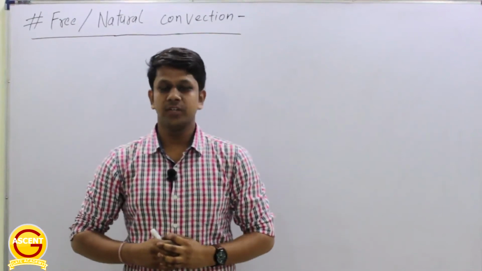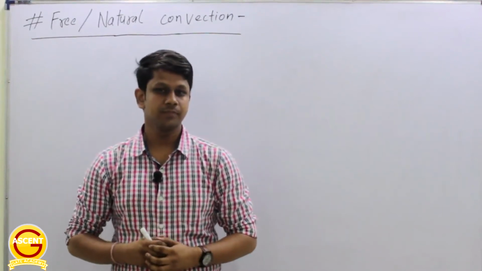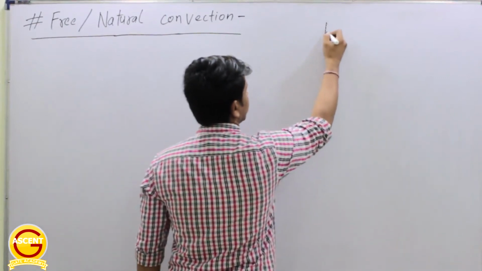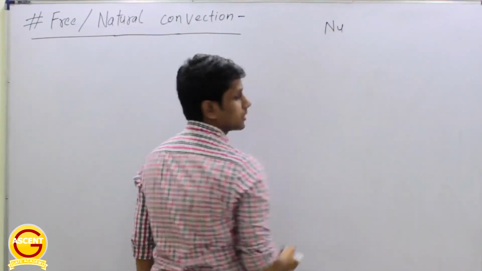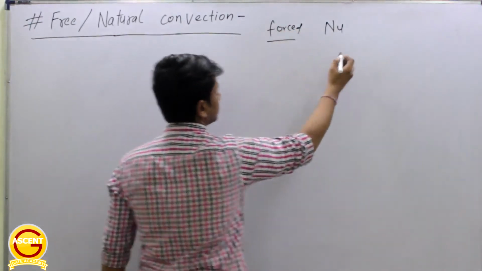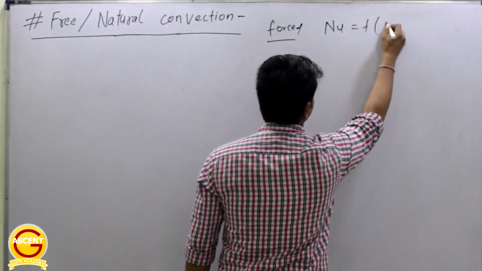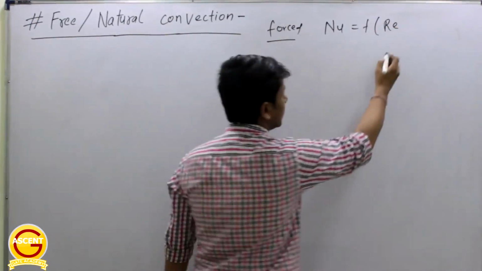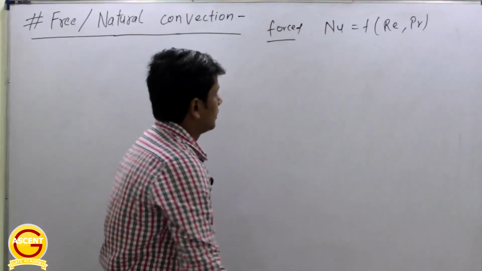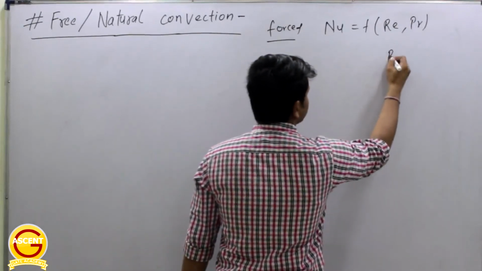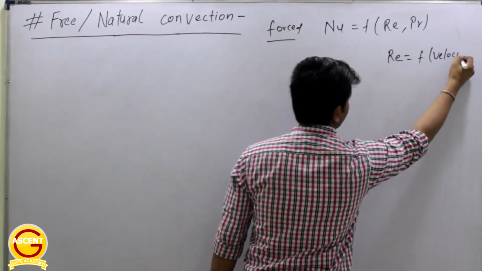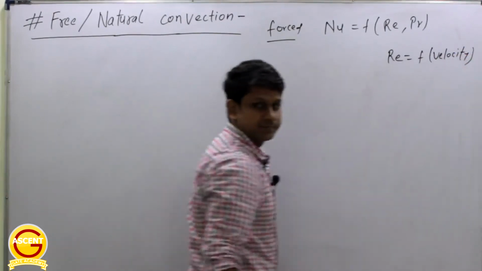Okay, so till now we have discussed forced convection, in which the Nusselt number is a function of Reynolds number Re and the Prandtl number. And we know this Reynolds number is a function of fluid velocity, correct?